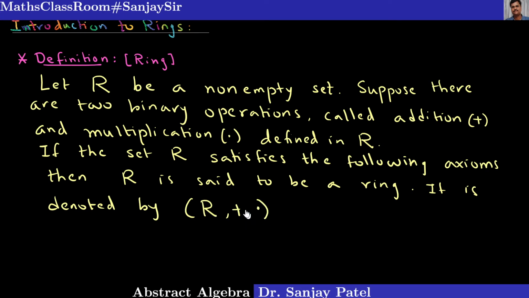So this structure, the set R together with the two binary operations plus and dot, is called a ring.